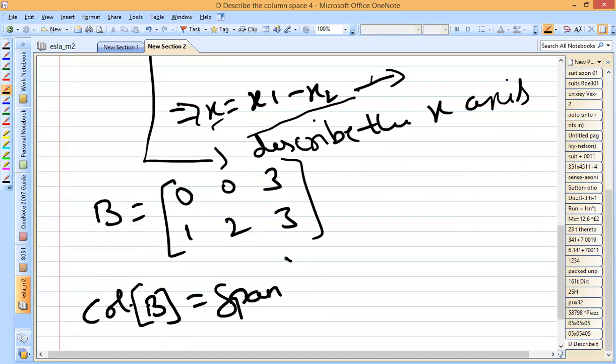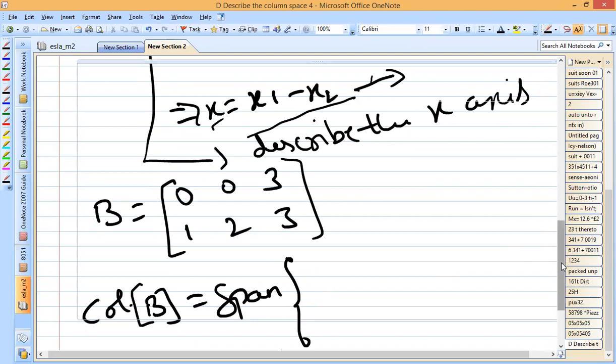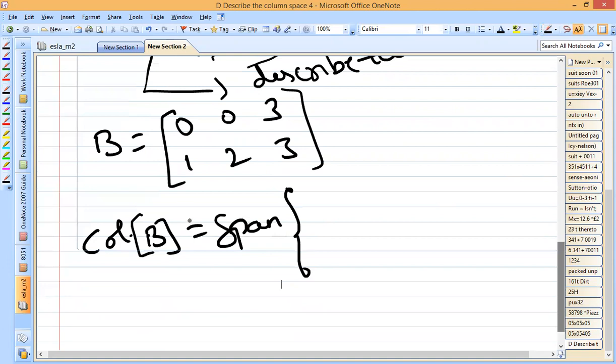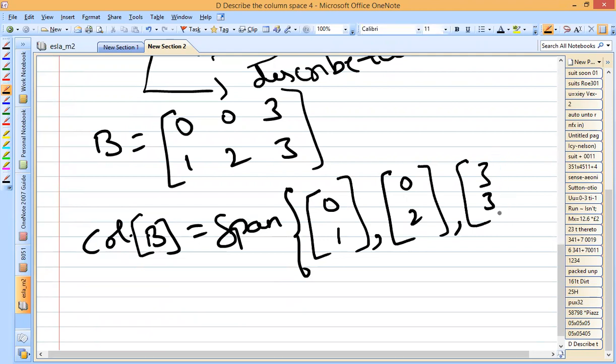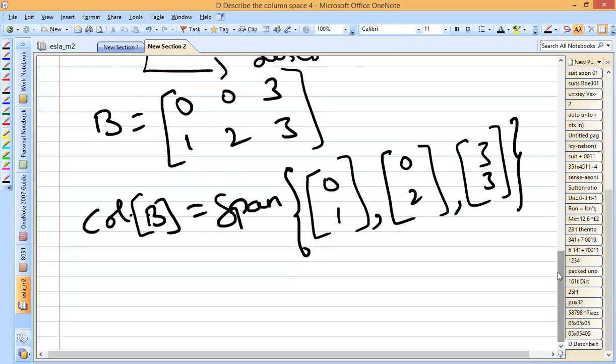Span in the sense you split all the column elements separately: first column elements, comma, second column elements, and third column elements, and so on. Here the column elements are 0, 1, comma, 0, 2, comma, 3, 3. And you have to mention that all these elements are present in the real numbers. Then you go for the next step.